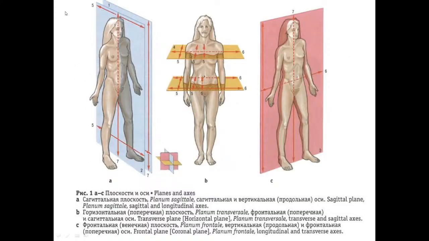The sagittal plane passes through the middle of the body and divides it into two symmetrical, right and left parts.